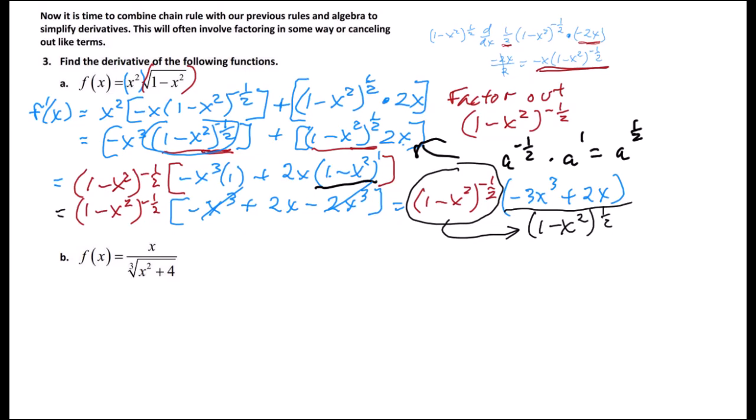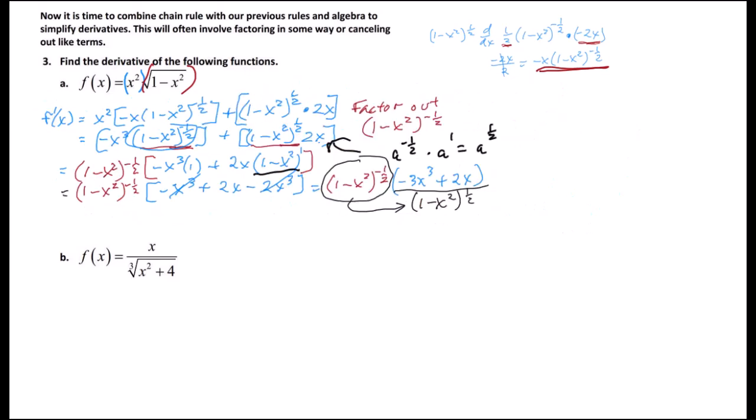And so if I wanted to, let me shrink that just a second. So I could rewrite this then as negative 3x cubed plus 2x.